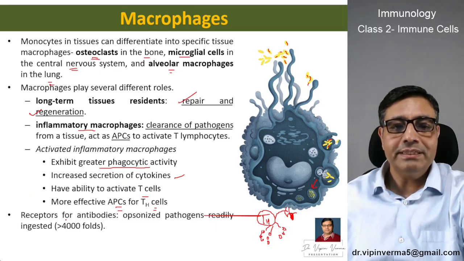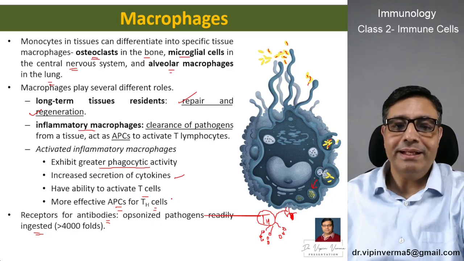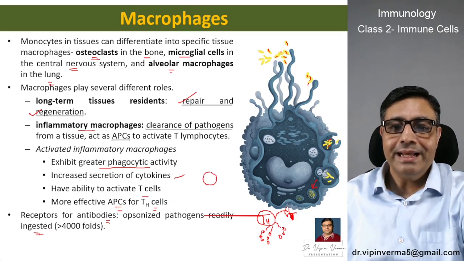They have receptors for antibodies, and opsonized pathogens are readily ingested. So suppose there is a pathogen and this pathogen is opsonized, that means it is coated with the antibody, right? You can see here it is coated with the antibody.